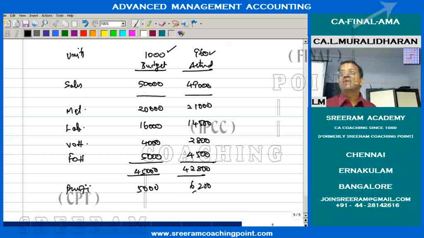So if somebody is asking you to find out the cost for the variance, that's why the 5,000 rupees profit had gone up to 6,200. You may feel happy that 6,200 is much better than 5,000, but it may or may not be true. Comparison of 1,000 units of performance with 960 units of performance would not be fair.